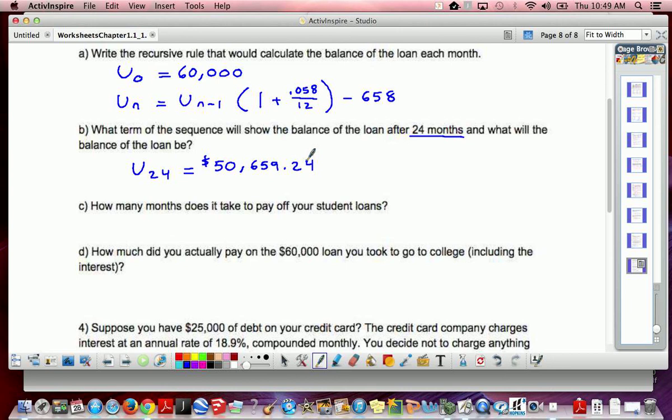So now the next fun challenge is, how many months does it take to pay off your student loans? If you take $60,000 and divide it by $658, that's going to give you an estimation at least of where to start.